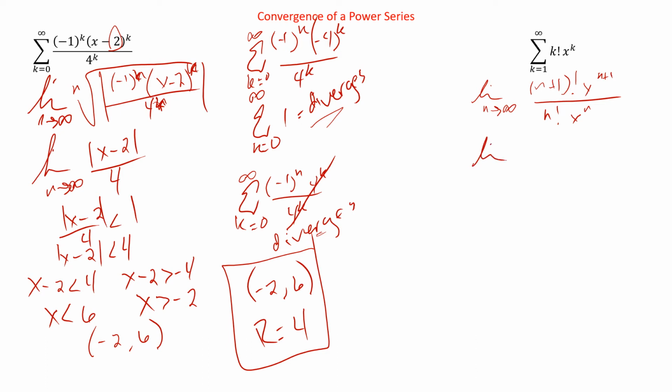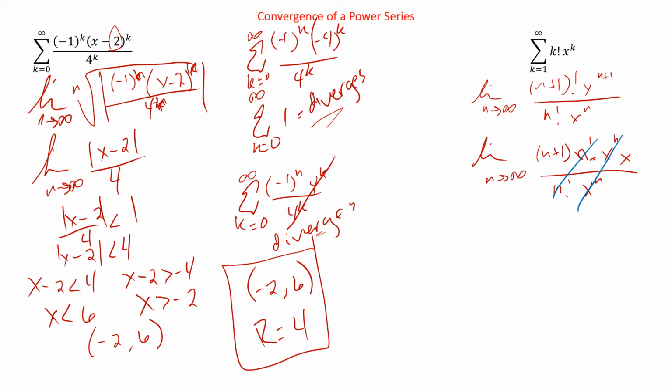We can simplify or expand, I suppose. (n plus 1) factorial is going to be n plus 1 times n factorial. x to the n plus 1 is x to the n times x. Over n factorial times x to the n, we can cancel, leaving us with the limit.